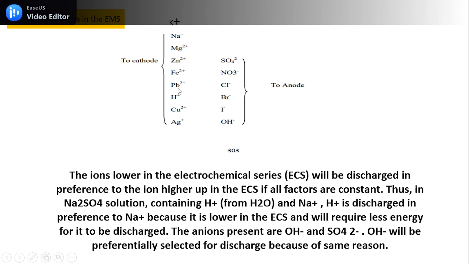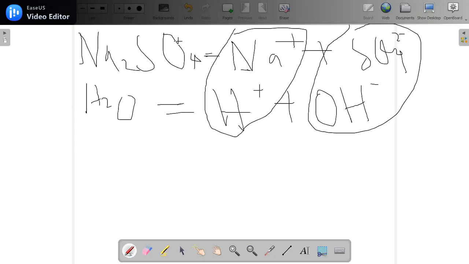Based on the rule that has been set, it is the ion that is lower in the electrochemical series that will be selected for preferential discharge. That might seem funny, but that is it. Hydrogen ion is lower, while the sodium ion is higher, which indicates that it is the hydrogen ion that will be selected for discharge.